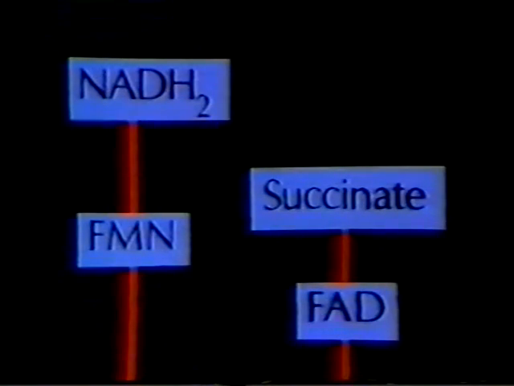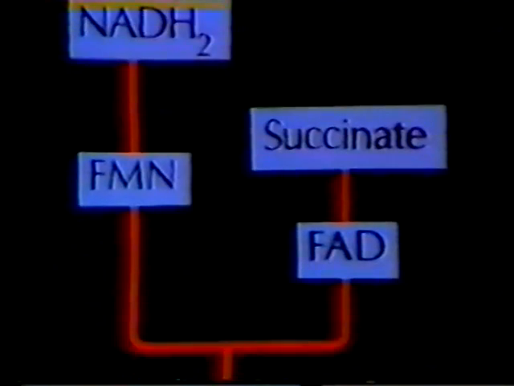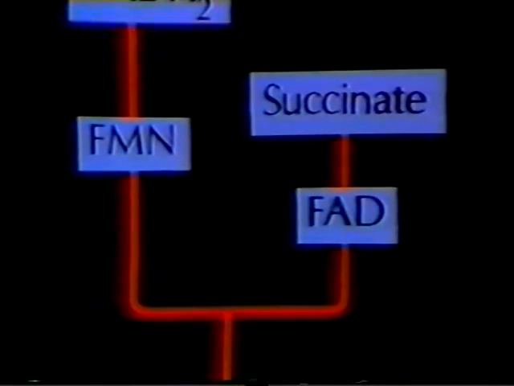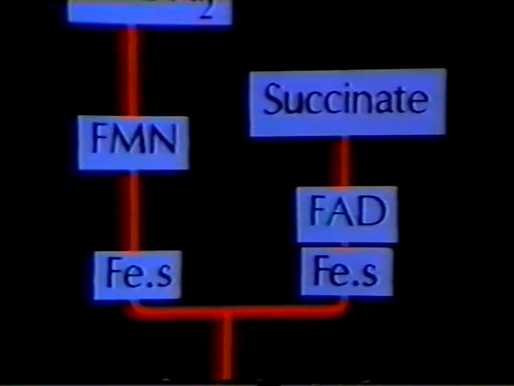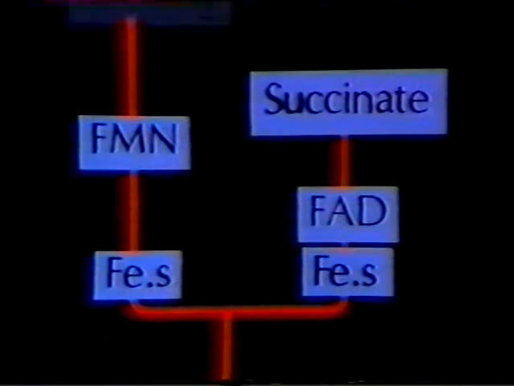These coenzymes become reduced in the process and then transfer the electrons further on to so-called non-heme iron proteins. These are brown proteins which contain iron. The iron is not complexed within a heme nucleus, but bound directly to sulfur-containing groups on the protein itself. These types of proteins are also important in other parts of the respiratory chain.